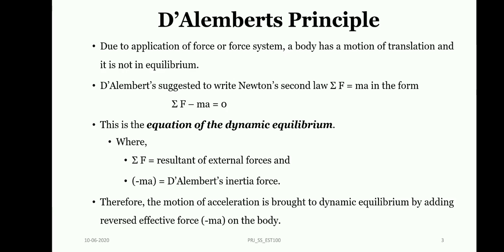Then consider a rigid body. The resultant external force is taken as sigma F, and it moves with an acceleration a. Then to maintain the body in dynamic equilibrium, another opposite force is applied on the body, that is mass times acceleration, known as D'Alembert's inertia force, or reversed effective force.